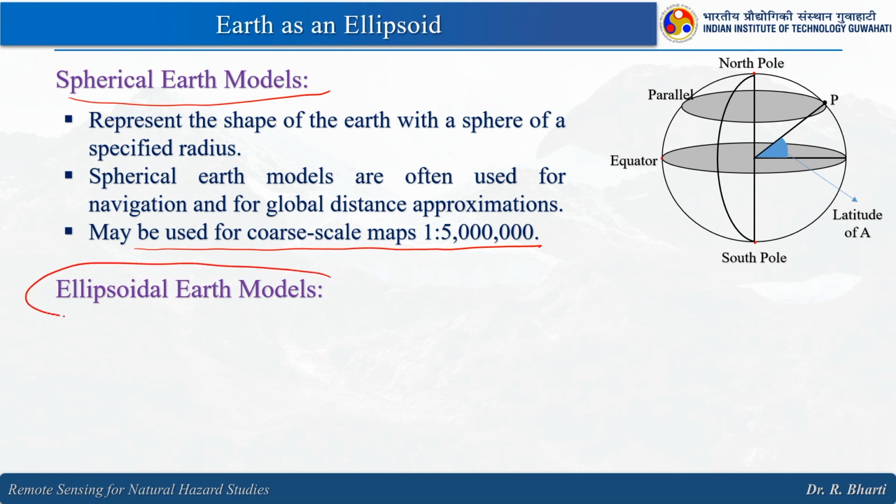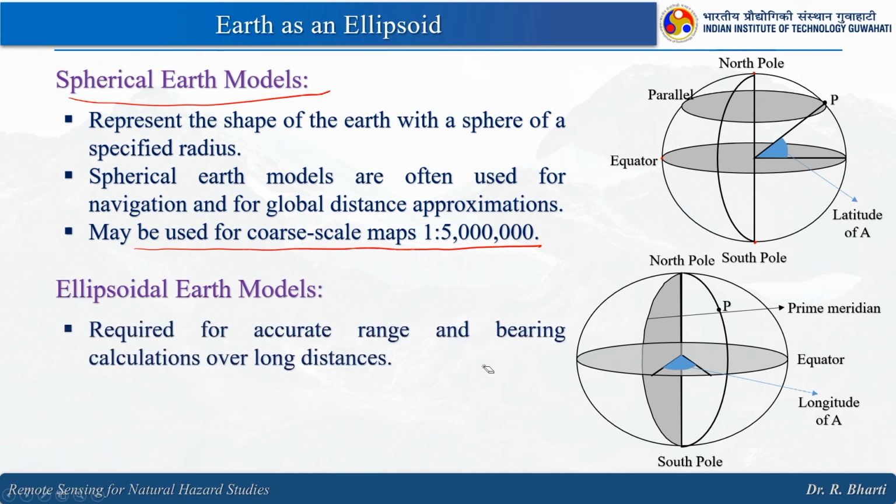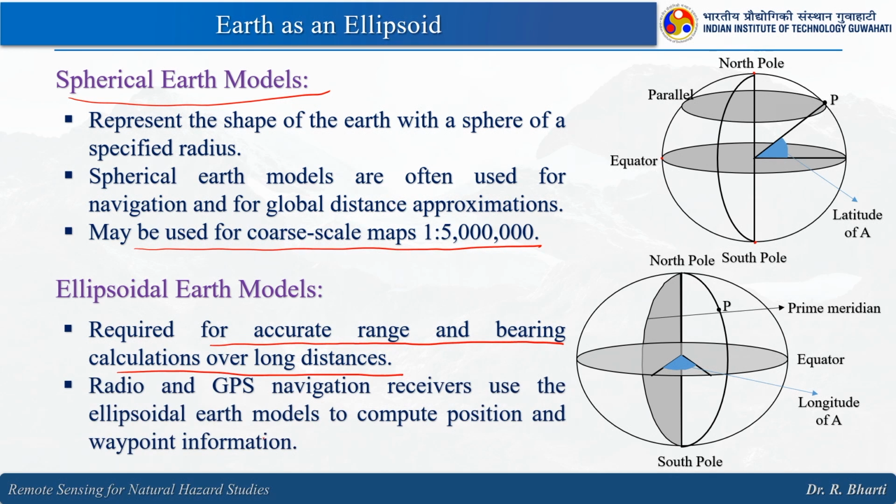Then we started looking at Earth as an ellipsoid. So, we have started working on the ellipsoidal Earth model. Here once you have the ellipsoid, what will happen? You will have the semi major and semi minor axis, right. It is required for accurate range and bearing calculation over long distances.